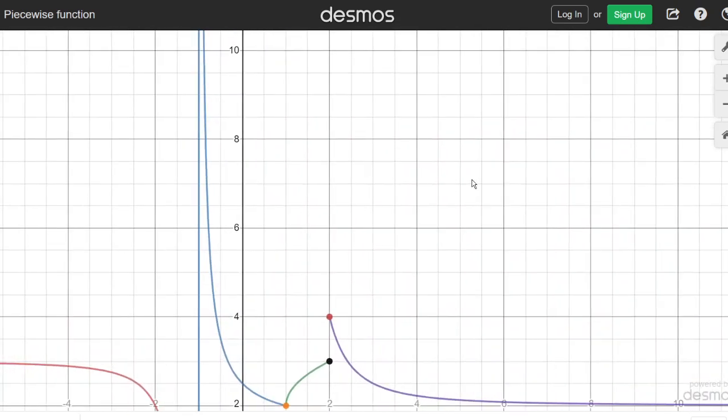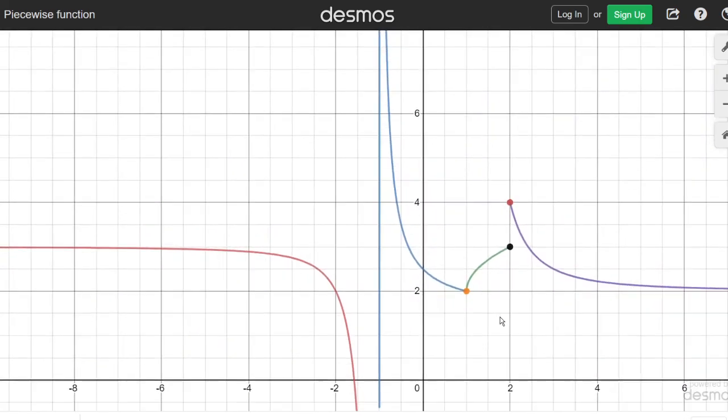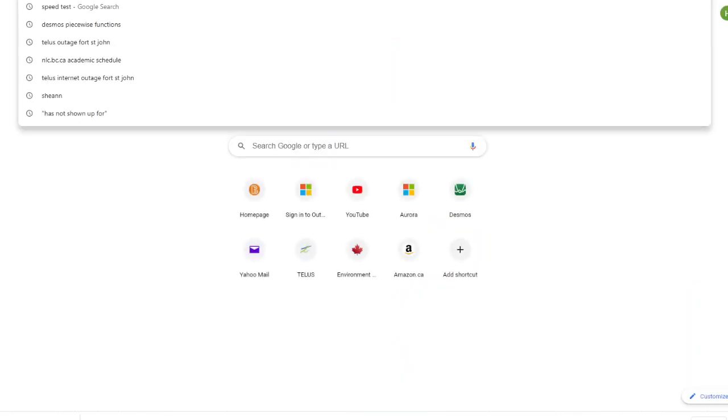Now you can take a picture of the graph. So these are probably all the questions I want to go over for this graph. You can take a picture of the graph, or alternatively you Google how I found the graph. You Google that: Desmos piecewise functions.